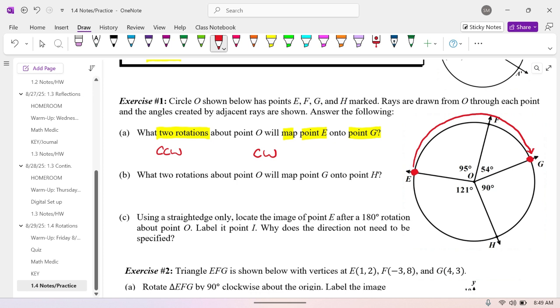Good. So if you add 95 and 54, you should get 149 degrees. All right. Now, what about if you go counterclockwise? You start at E, but you're going counterclockwise to G. How many degrees would that be?